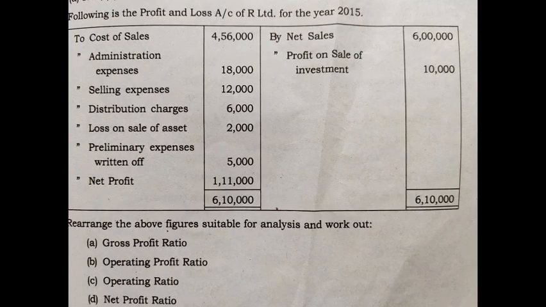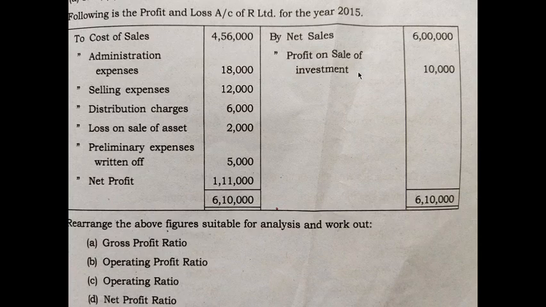Question: following is a profit and loss account of R Limited for the year ended 2015. The profit and loss account gives cost of sales 4,56,000, administration expenses, selling expenses, distribution expenses, loss on sale of an asset, preliminary expenses written off, net profit, and on the right side net sales and profit on sale of investment.